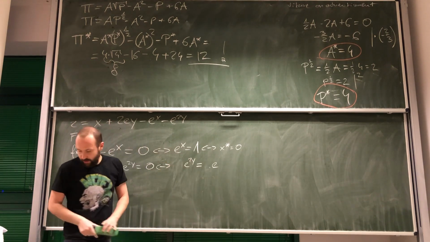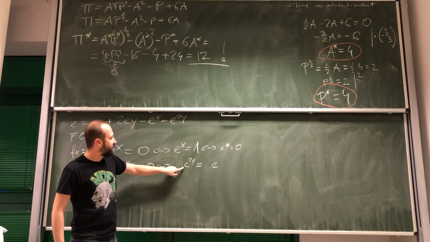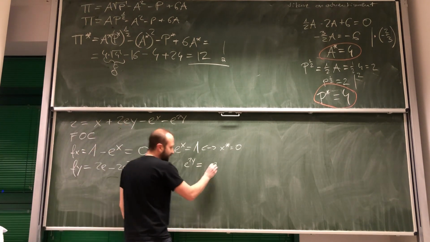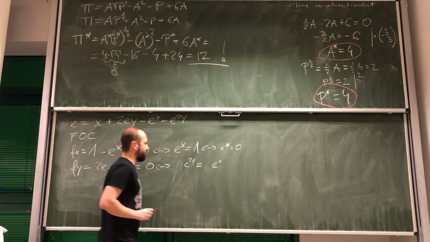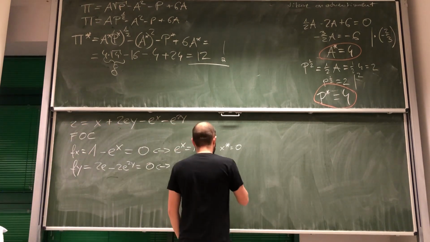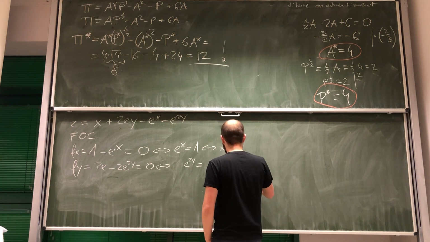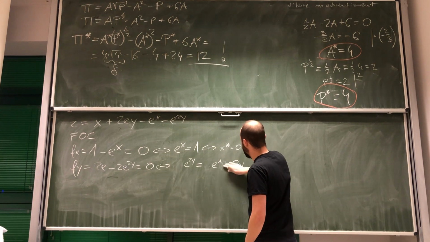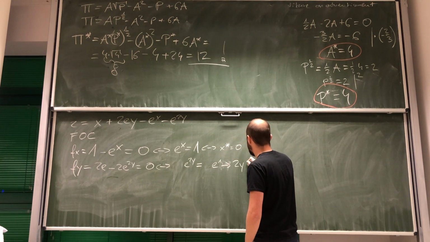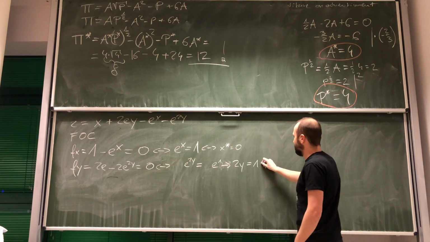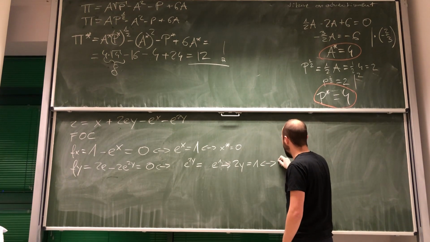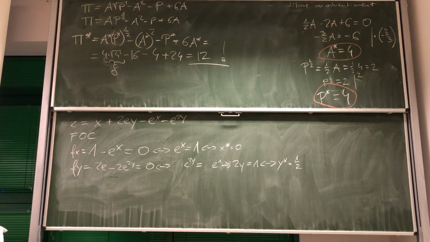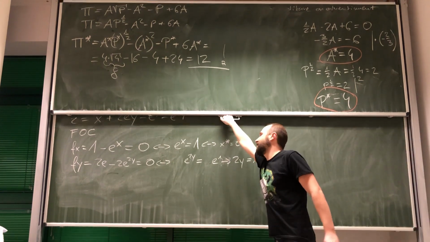And look, here we've got that e to the power y is equal to e to the power 2y... so what we get out of it is that y must be equal to, finally, 1 over 2. Okay, we've got this. Let's move to the second order condition.